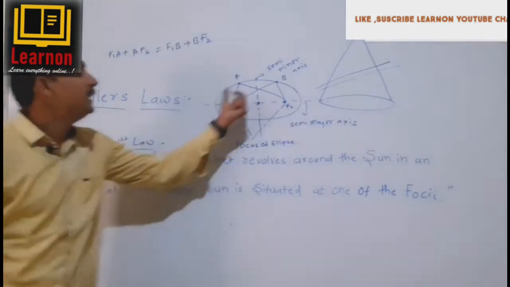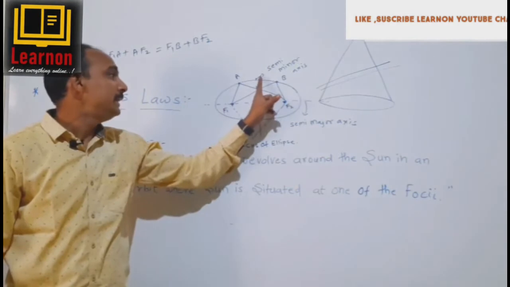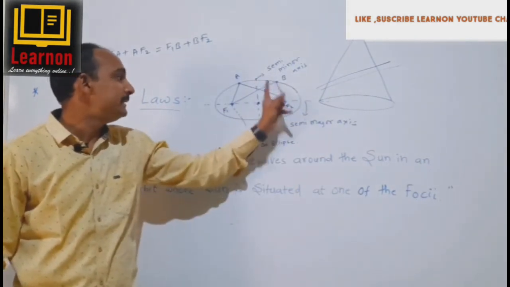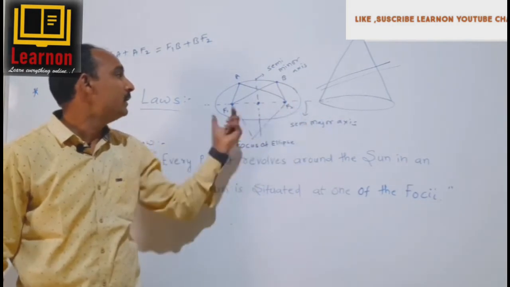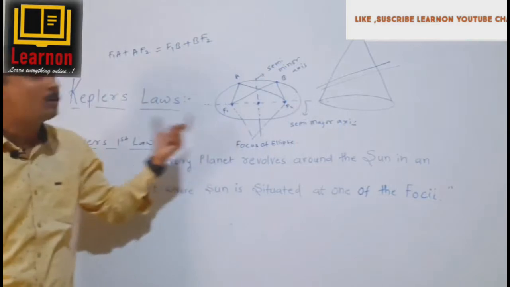You can take any number of points, the property will be the same. If I take point C, F1C plus CF2 will be equal to F1A plus AF2. This is the property of the ellipse.